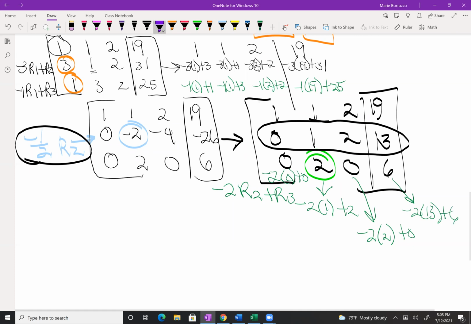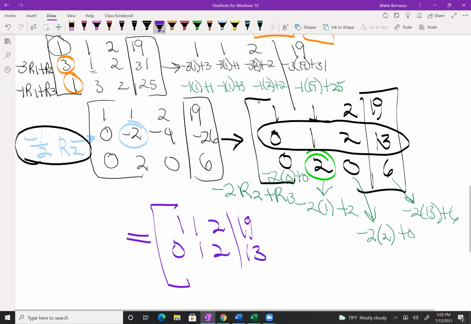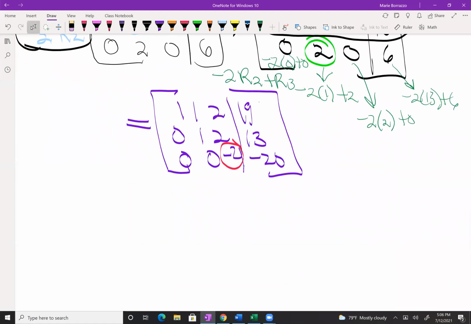Our final answer for this matrix is now 1, 1, 2, 19, nothing changed. 0, 1, 2, 13, nothing changed. 0, 0, -4, -20. So what is necessary now is to make sure that the -4 is now a 1. So I'm going to multiply by -1/4 times row 3.